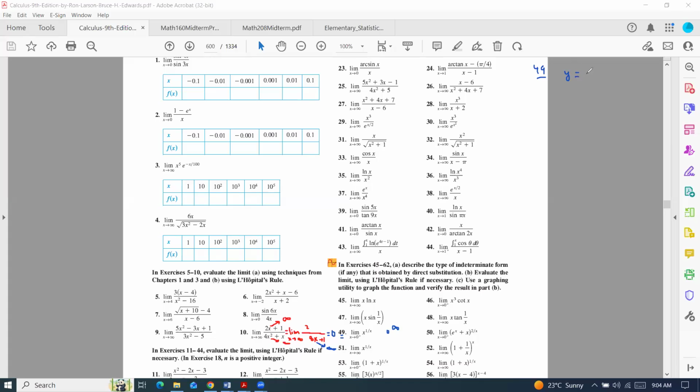Use L'Hopital's rule, and L'Hopital's rule will lead you to the logarithmic start. So if I apply it to the right side, the logarithm, ln usually.